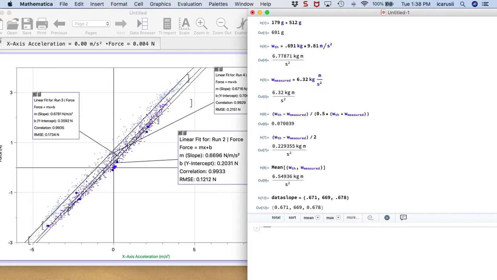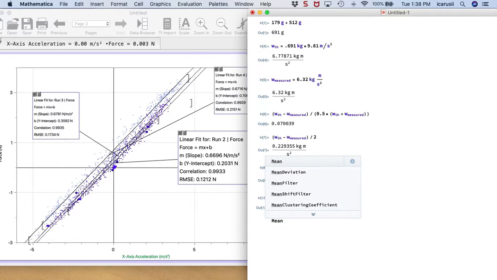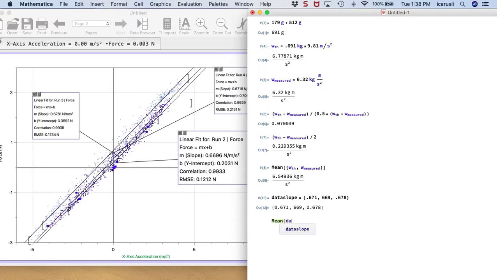And so now, for each of these slopes, my expectation is that I should get about 0.691. I'm actually getting, let's do the average. Okay, that's what you get when you don't type it correctly.